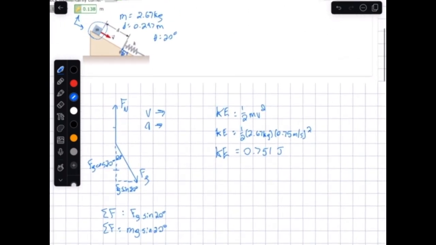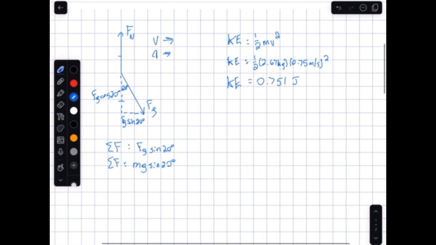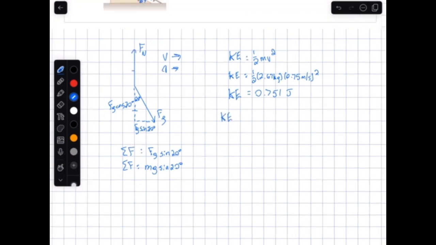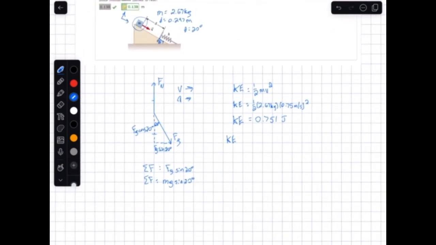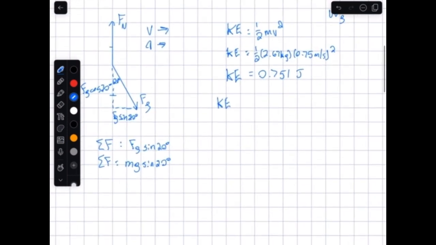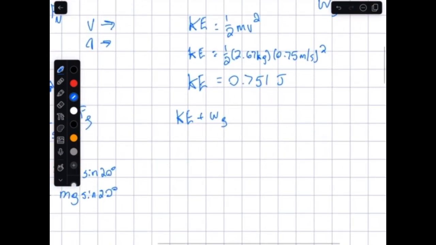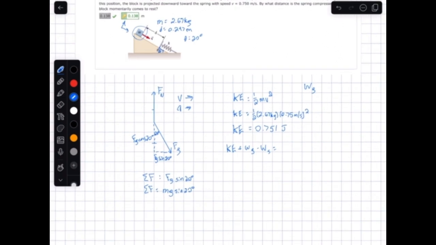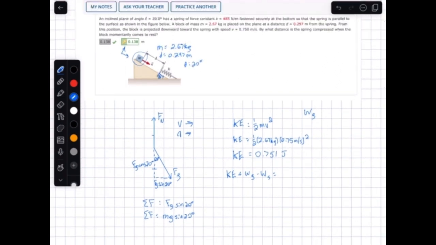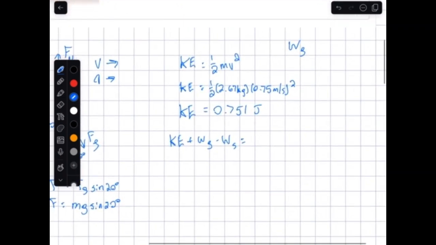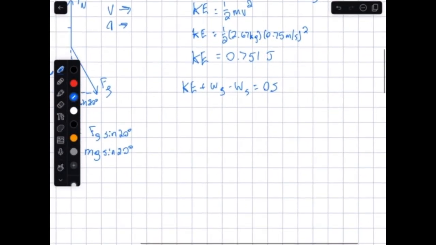I think what we're going to have to do is take the kinetic energy and add the work done by gravity, WG. Then we subtract the work done by the spring, because that's when the spring compresses and the mass comes fully to rest. Since it comes to rest, it'll be 0 joules after it's gone through this work. Let me make sure the microphone's on. Yes. So we have 0 joules.